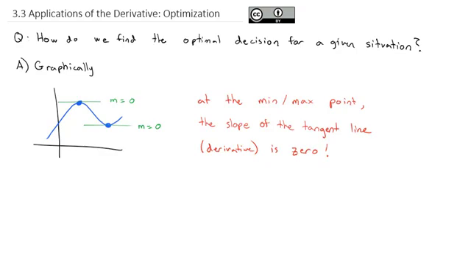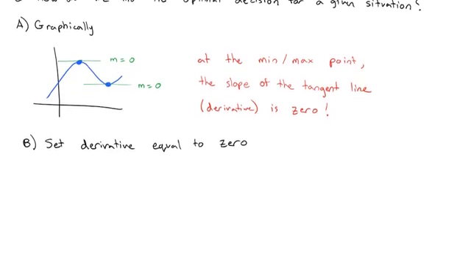That's going to be what we want to find in order to answer these optimization problems. What we're going to do is we're going to set the derivative equal to 0 to find the optimal point.